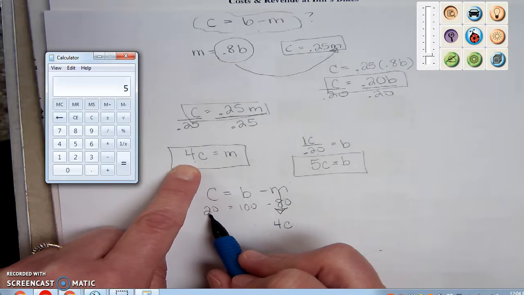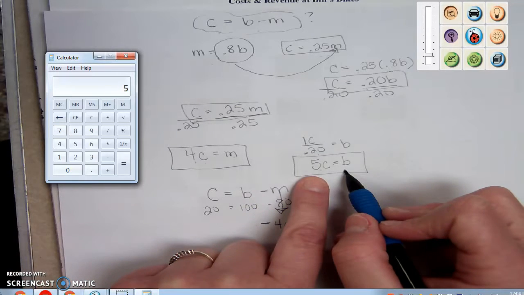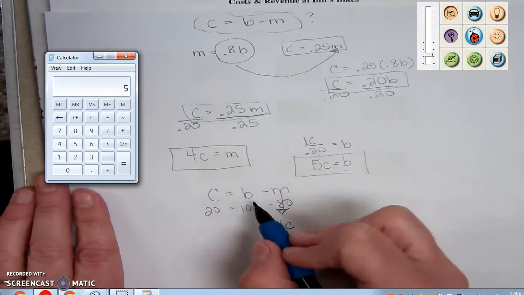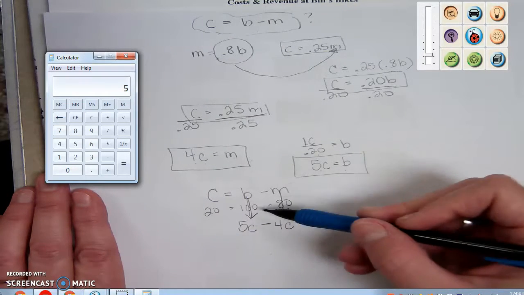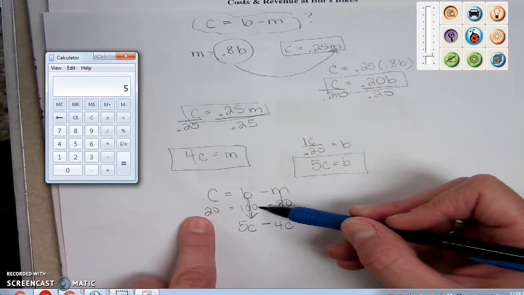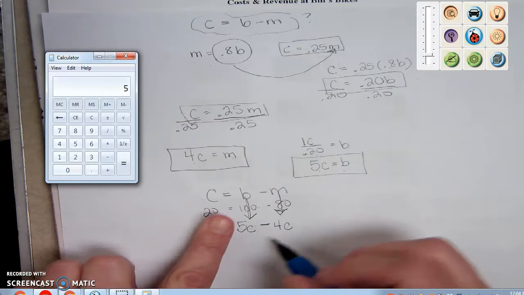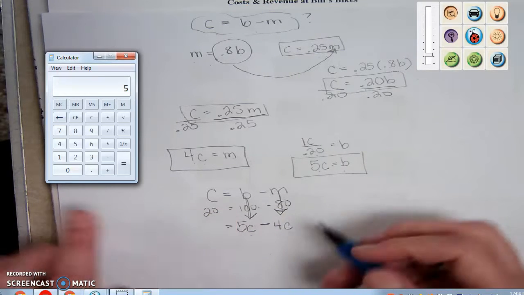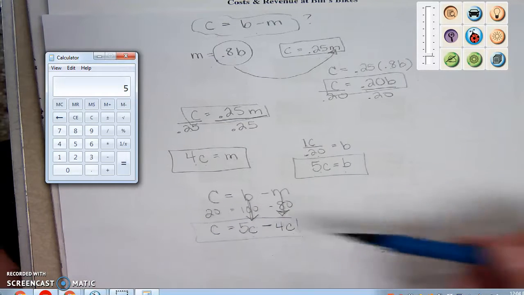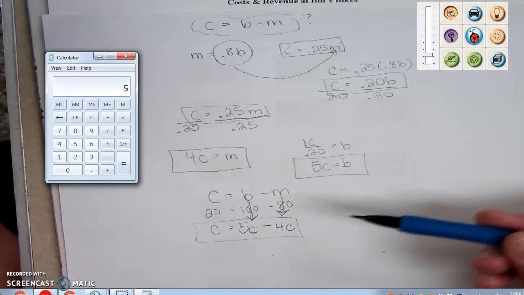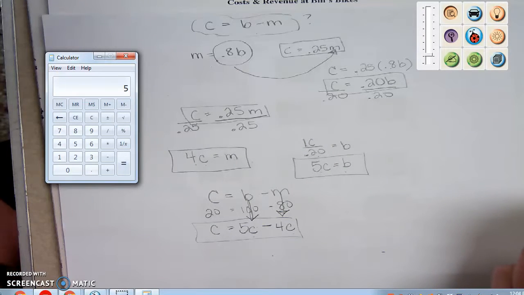Isn't 4 times 20, 80? The buying price is 5 times the commission. So where I see buying price, I'm going to write 5 times the commission. Isn't 5 times 20, 100? And when I subtract these two things, what's 5 C's take away 4 C's? 1 C. And we get that, yes, it is true that in this case, because of the percentages we're using, the commission is always the buying price minus the markup.